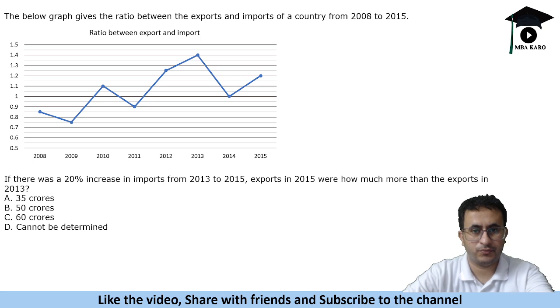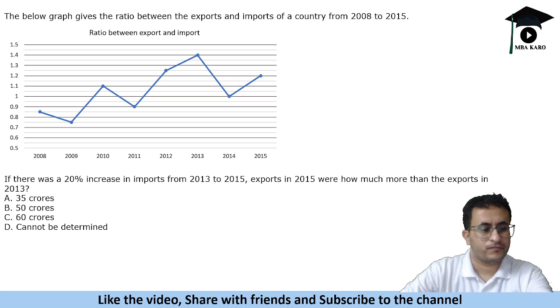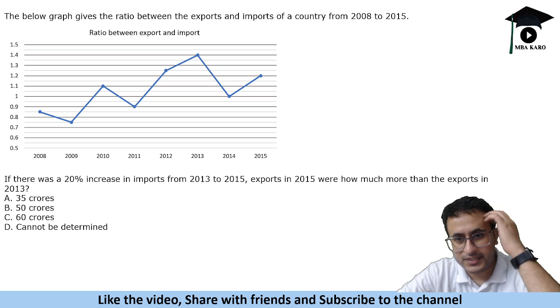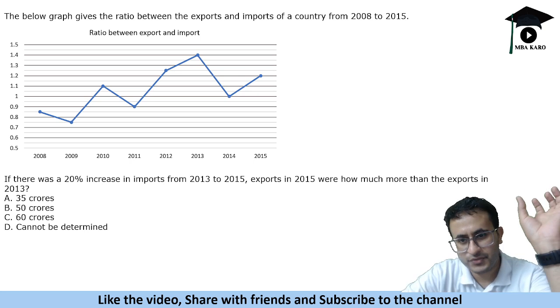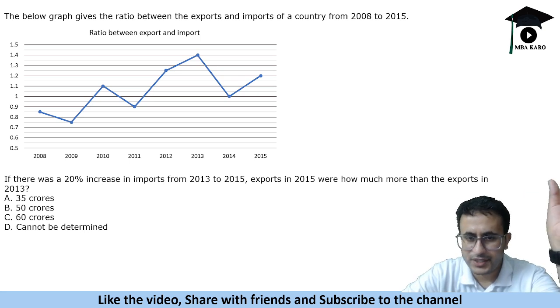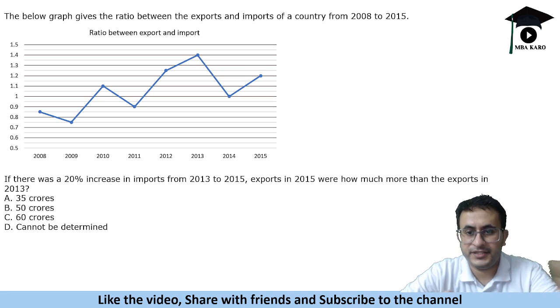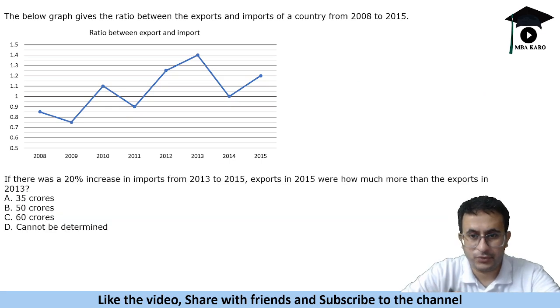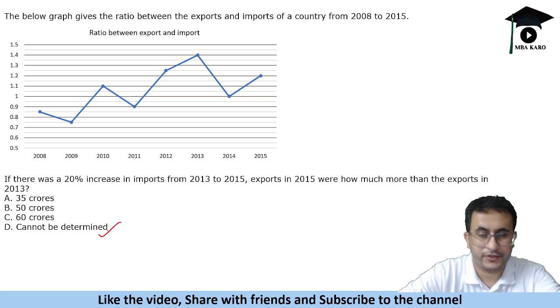Before even trying to solve it, remember one thing: whichever questions ask for percentages and ratios, we were able to solve. But if no value is given, unlike in the previous question where we were given a value like 3,300 crores, we cannot find the answer. So the answer is cannot be determined.